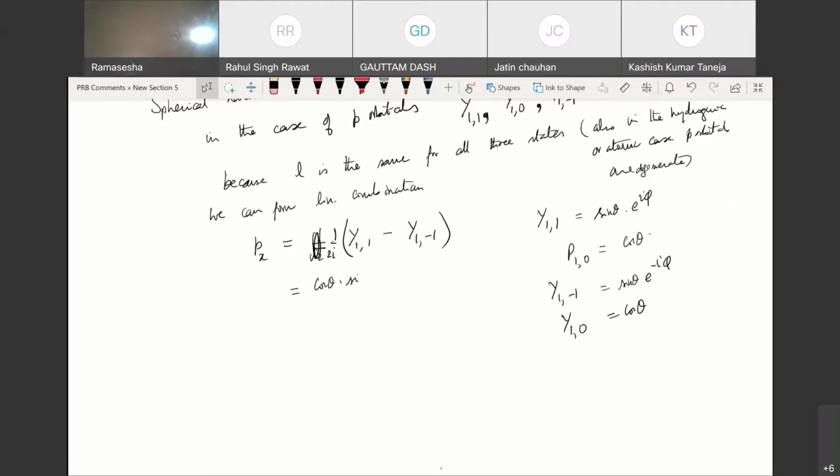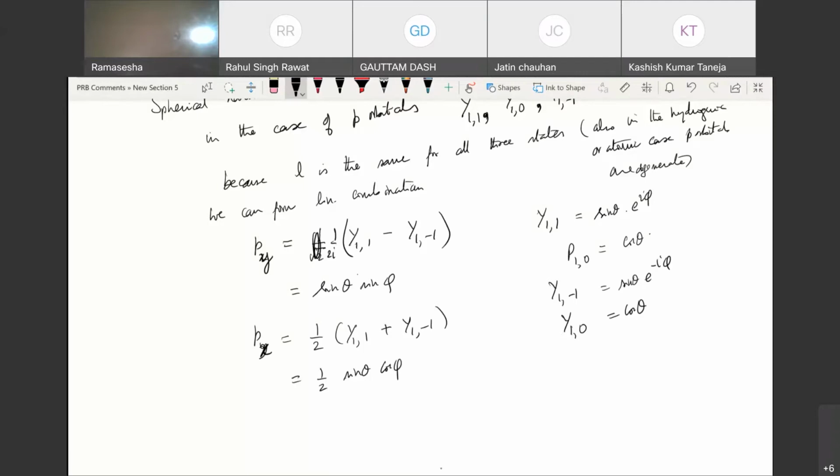Okay, so this is sin theta. p_y is equal to... So p_x plus Y_1 minus sin theta cos phi, and p_z is equal to Y_1^0, which is equal to cos theta.